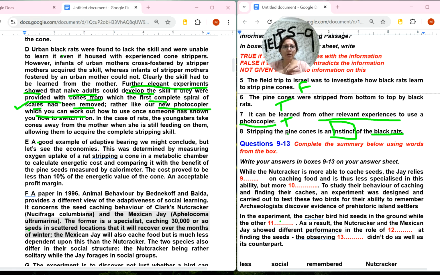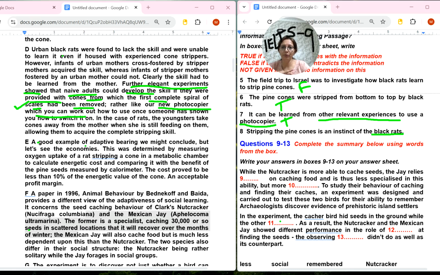Let's read how we can get this answer, because in the actual exam 50% of students will not know this meaning of instinct. So here we were talking about stripping the pine cones is an instinct of the black rats. Okay, so this paragraph we have done. After this we can get the answer in the next paragraph.